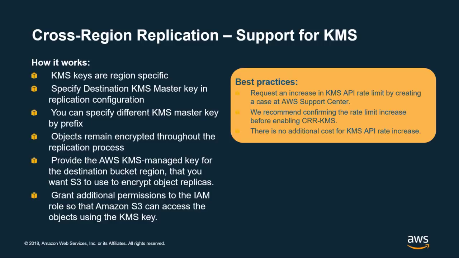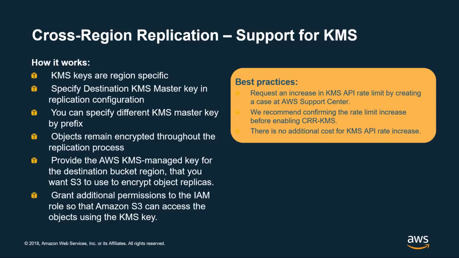One thing to be aware of when you're using KMS, I've said over and over it's a best practice, but KMS has an API rate limit, and essentially if you're using CRR with KMS, every request is doubled. So one request results in a doubling of KMS API requests.